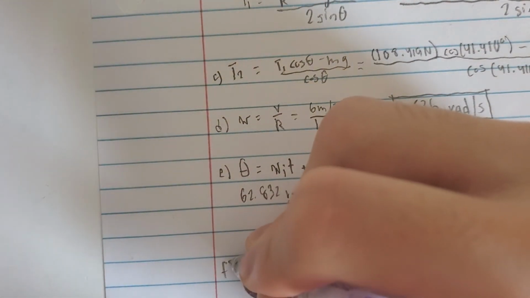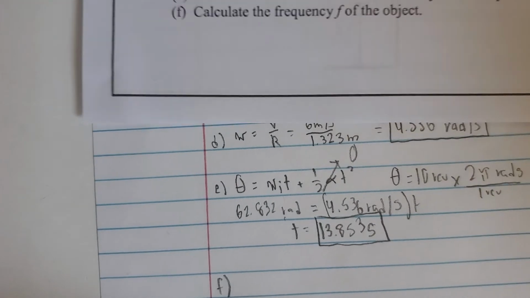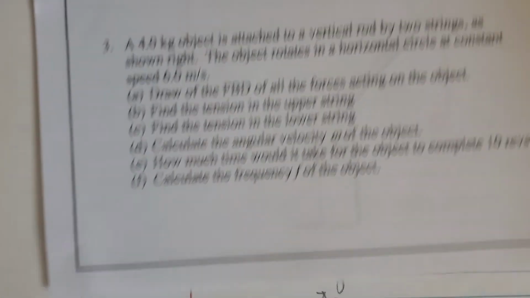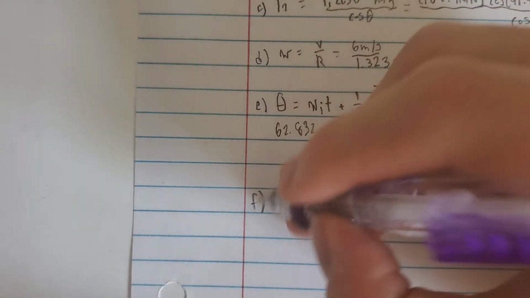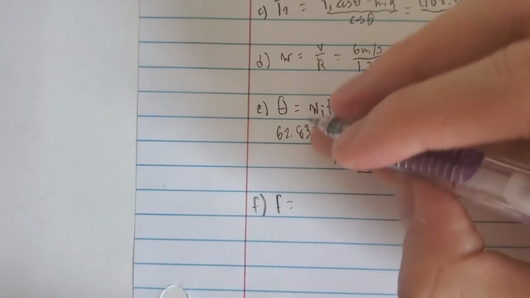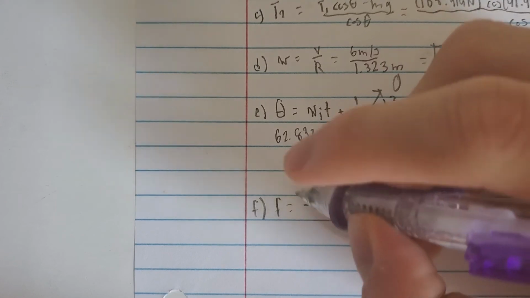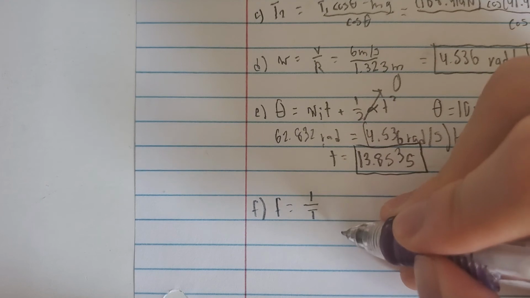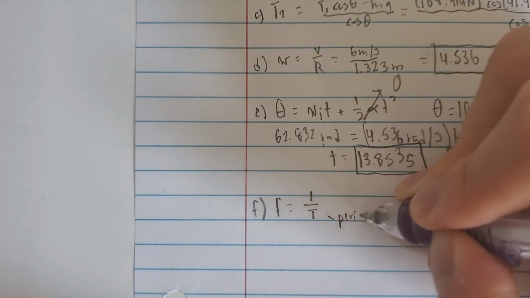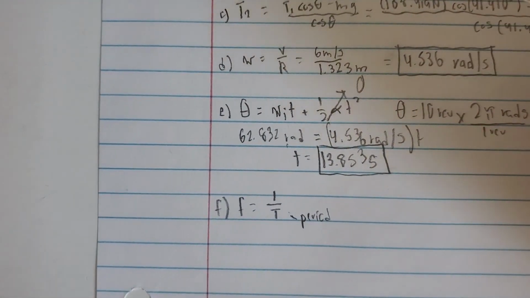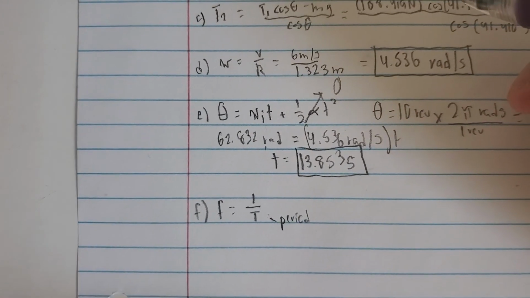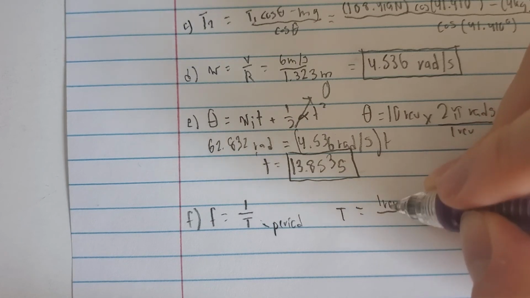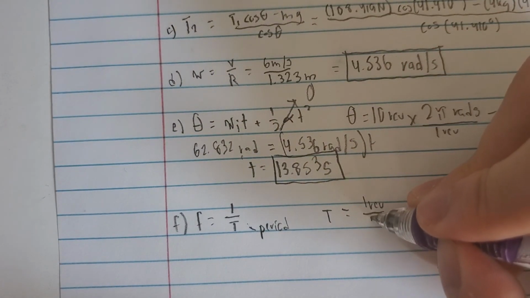All right. For part F, we are asked to calculate the frequency of the object. Okay, so I looked it up, and frequency is equal to 1 divided by the period, which is represented with T. Now, a period is how long it takes to rotate 1 revolution. So T is equal to 1 rev divided by omega.